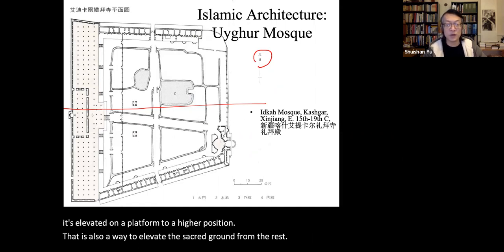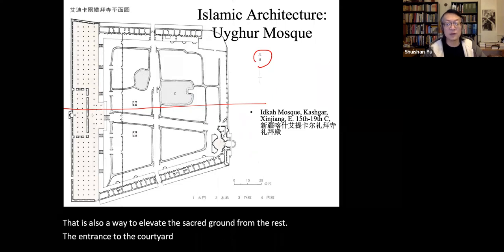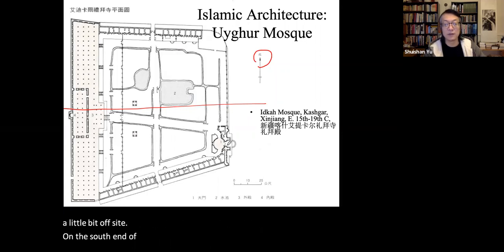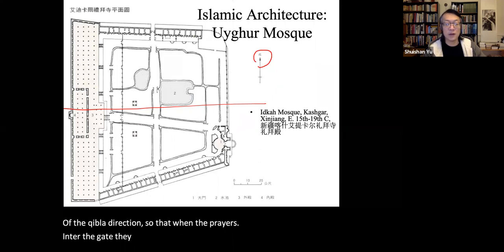The entrance to the courtyard is on the east side, not right in the center, a little bit offside, on the south end of the eastern wall, and on the opposite side of the Qibla direction, so that when the worshippers enter the gate, they are already facing the direction of Mecca.